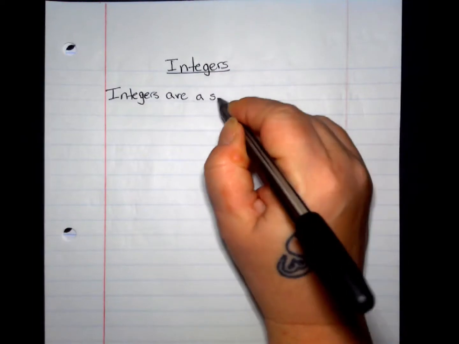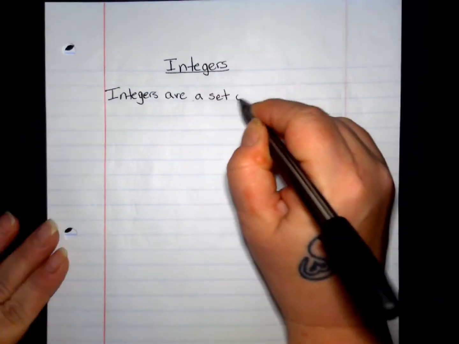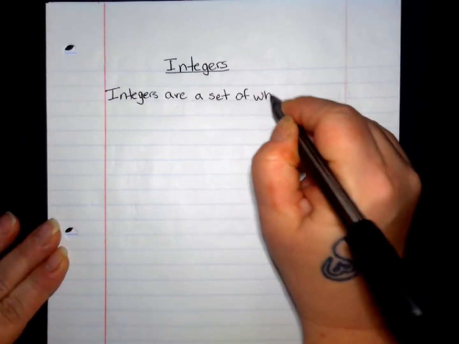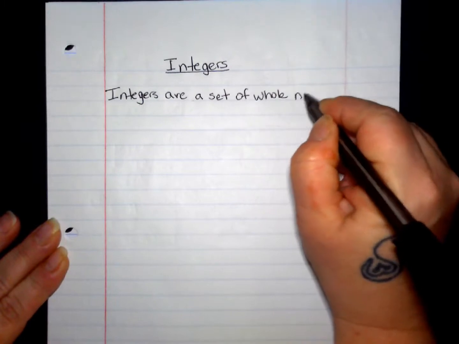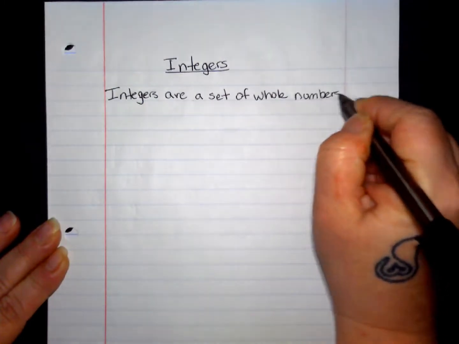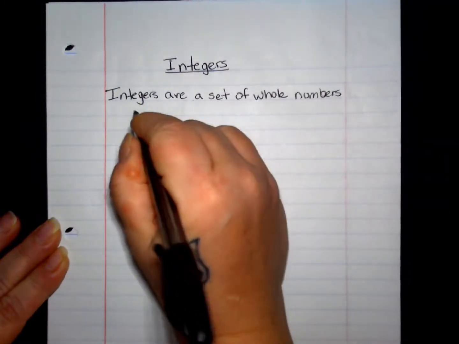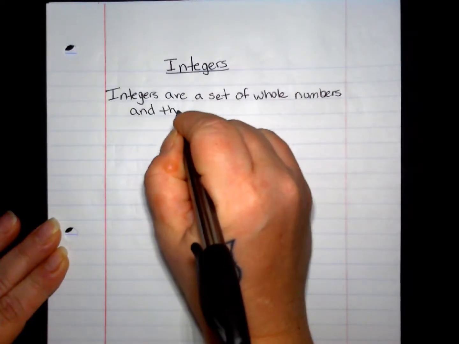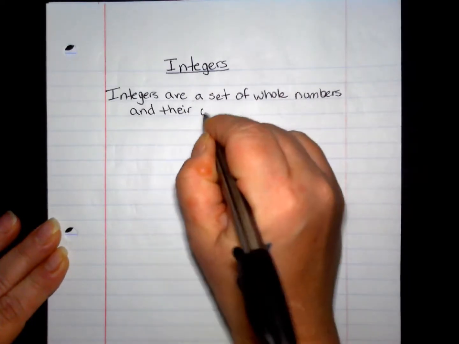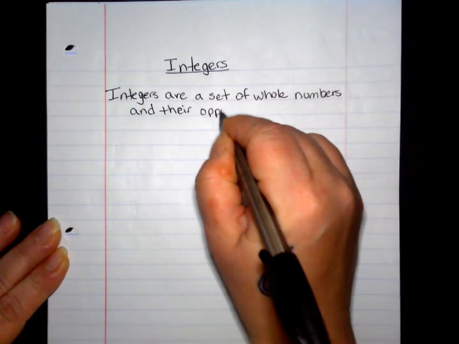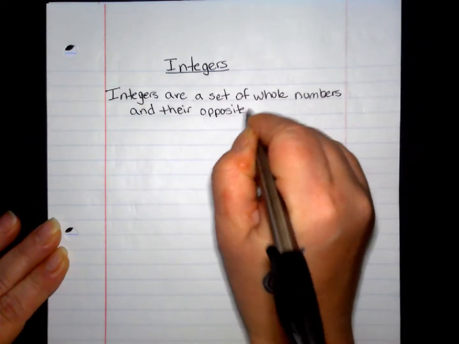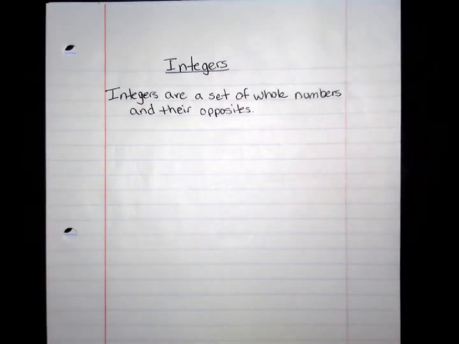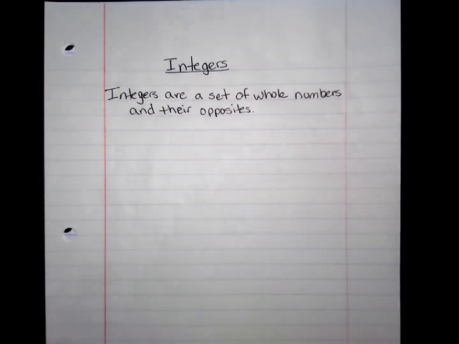So remember, if I am writing, you are writing. Okay, so integers are a set of whole numbers and their opposites. Okay, so let's talk about the different kinds of integers.